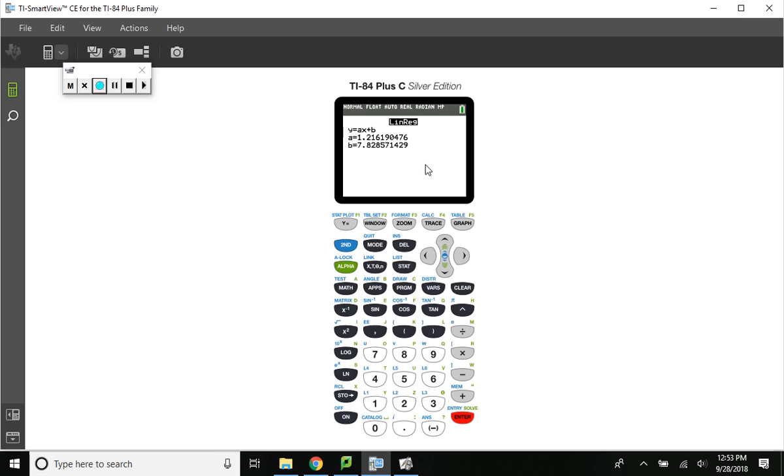But I don't have mine, which means I have to turn on stat diagnostic. If you don't see it right now, you need to go to mode, which is next to second. Then down your list, you should see stat diagnostic. Mine happens to be off, so I want to turn that on.